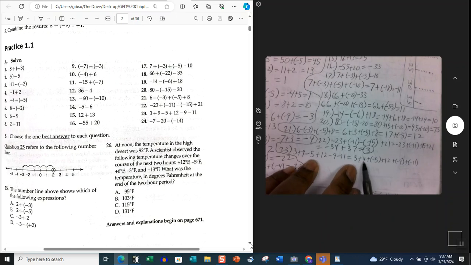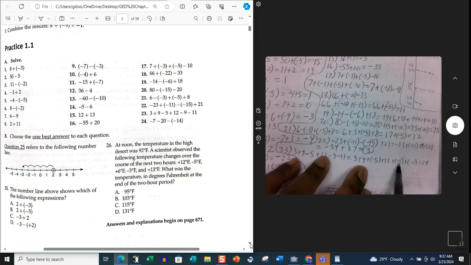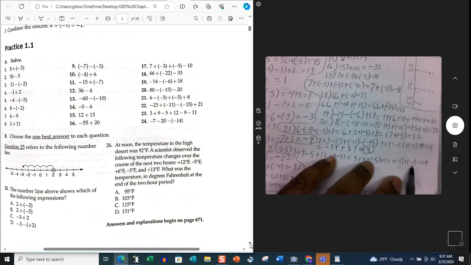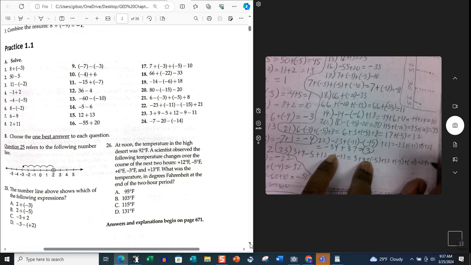So we had 3 plus 9 plus 12. 3 plus 9 is 12, plus 12 is 24. Negative 5 plus negative 9 is negative 14, plus negative 11 is a negative 25.